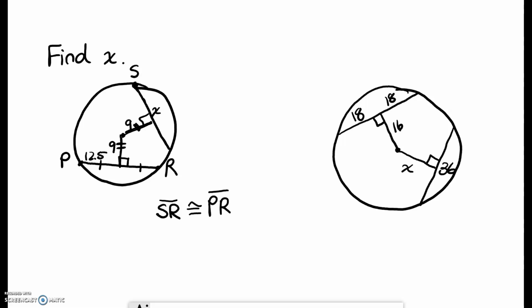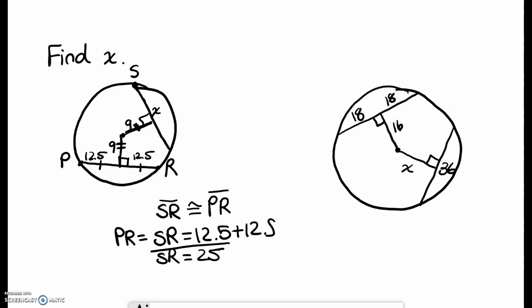PR is 12.5, and since these segments are equal, 12.5 and 12.5, SR has to be 12.5 plus 12.5, and that equals 25. So SR has a measure of 25.